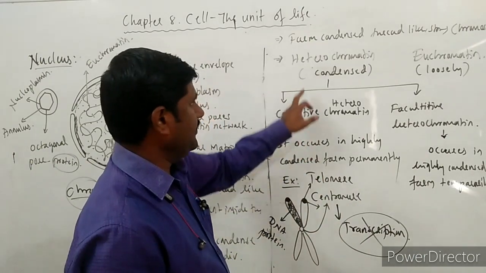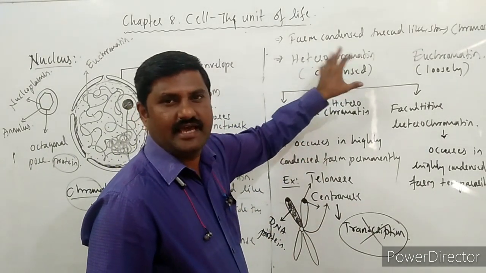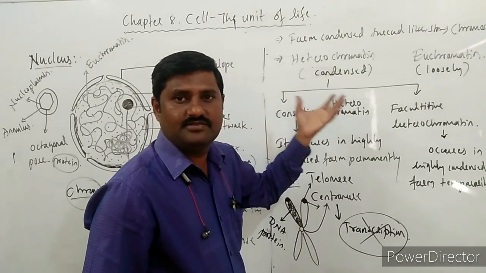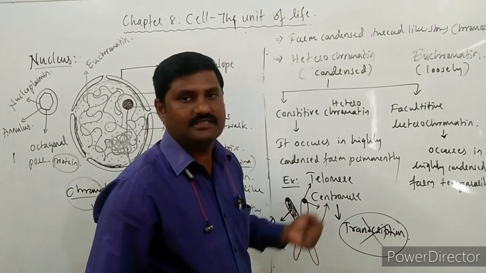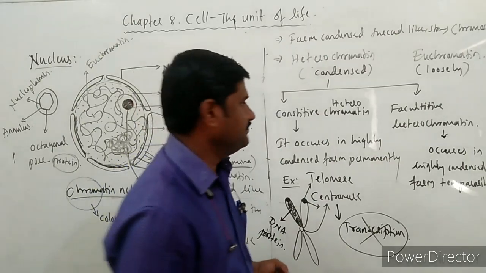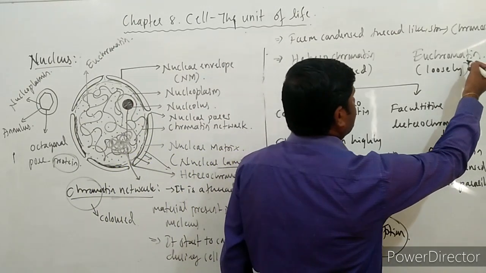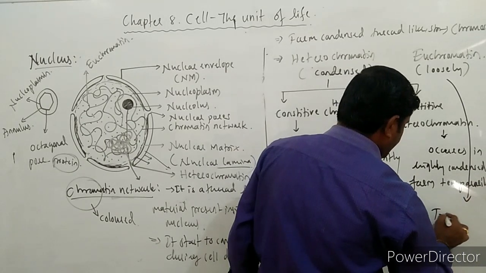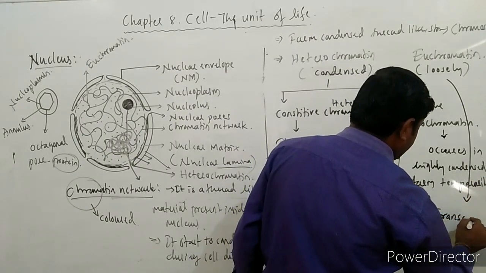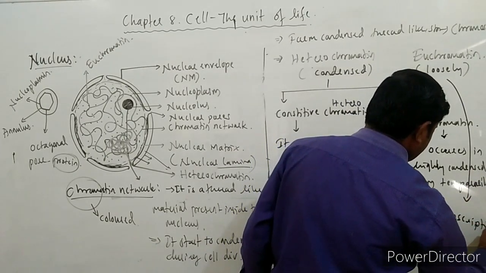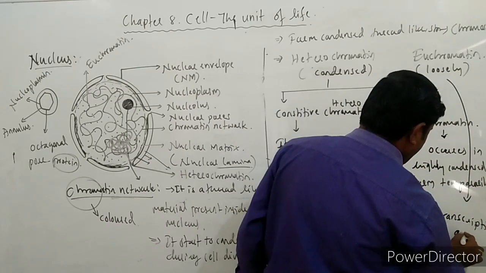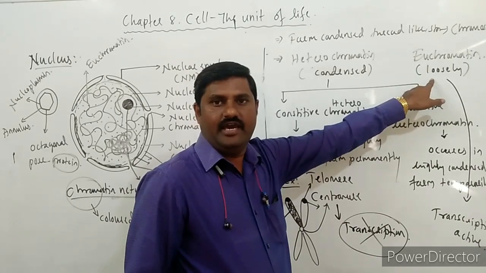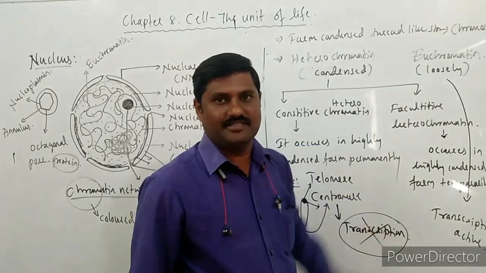Heterochromatin is a highly condensed, coiled structure, so there is no possibility of transcription taking place over here. But euchromatin is transcriptionally active, meaning this chromatin helps in transcription itself.